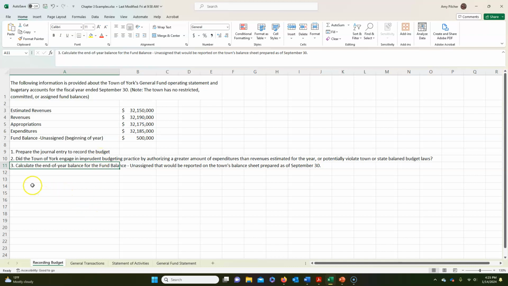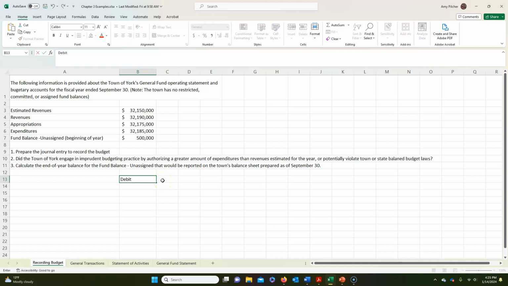Let's put debits and credits, then we're going to record our budget. We have estimated revenues of $32,150,000.